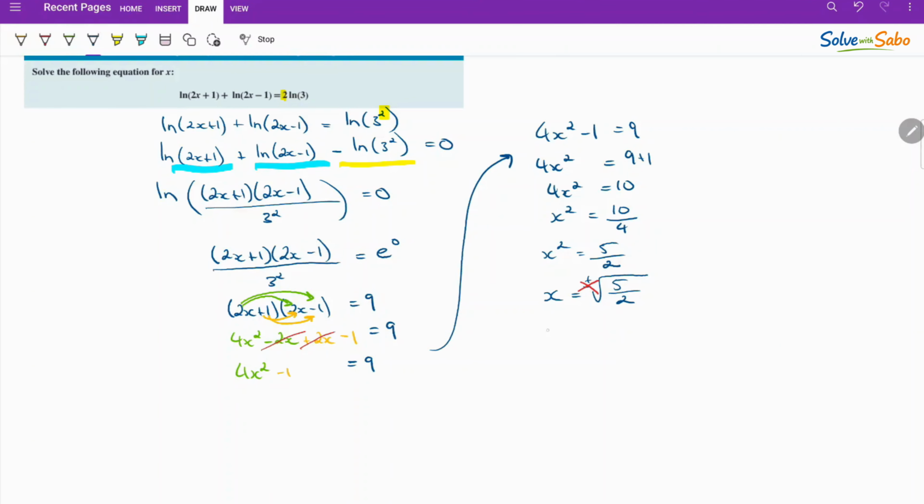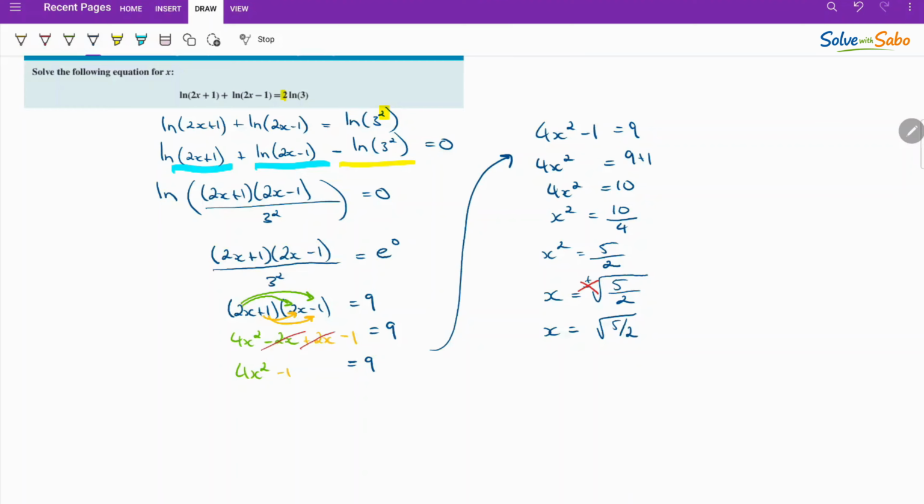So I'm only going to have one value, the positive of that number. So that means I'm only going to have positive root 5 over 2.